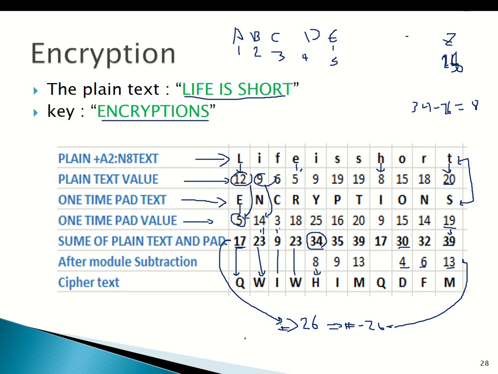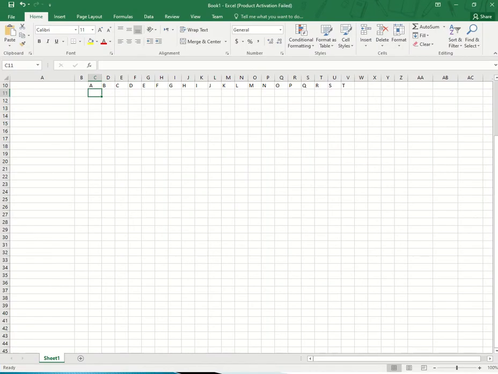I'll give you a good way to understand the algorithm, so let's go to Excel and I will show you. Now this is the plain text. You can spot the plain text here.